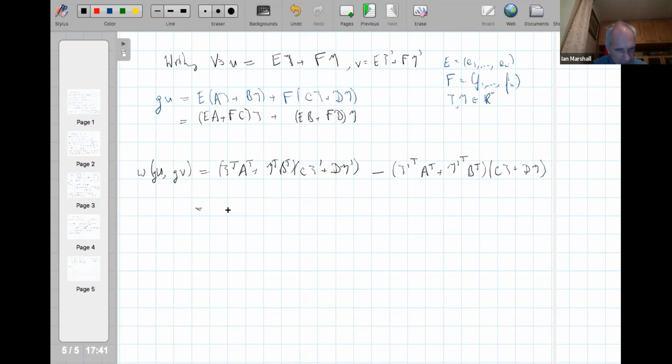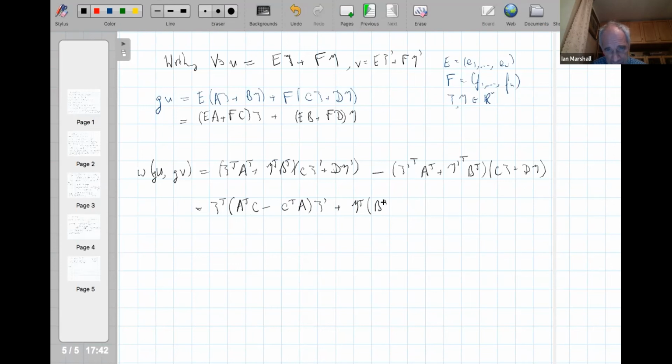And now if I organize it into groups, I get xi transpose. So what's the xi transpose term with xi prime? I get A transpose C minus, all right, well, if I just take the transpose of this here, I'm going to have minus C transpose A xi prime, plus eta transpose. How many do I have with eta transpose and eta prime?